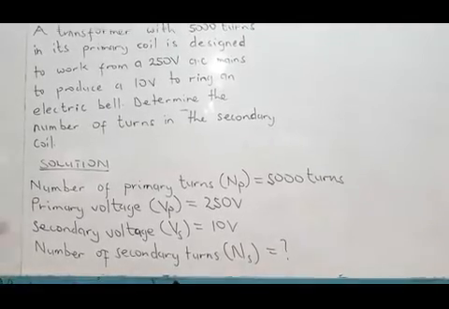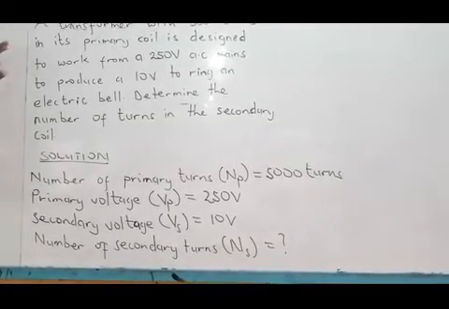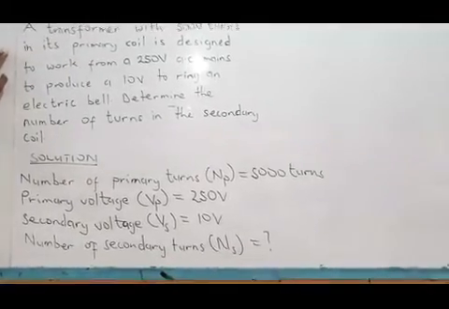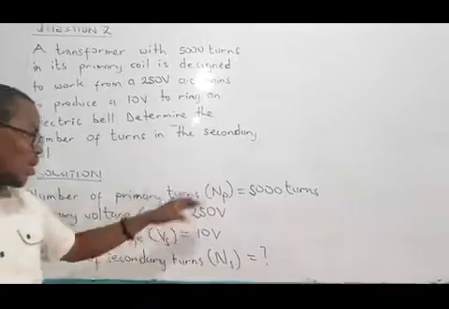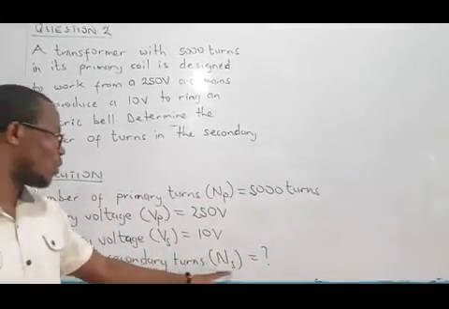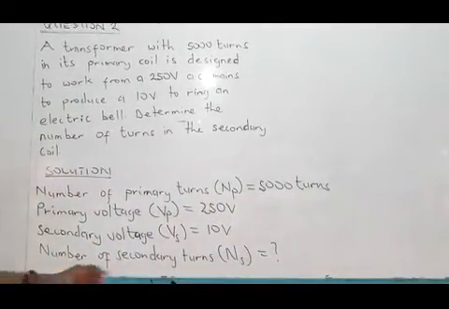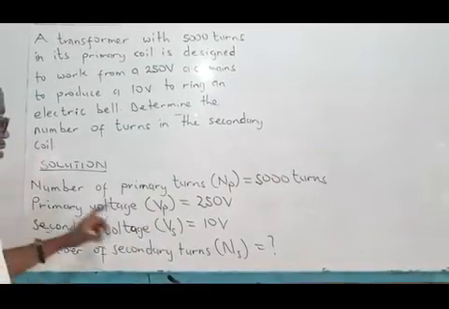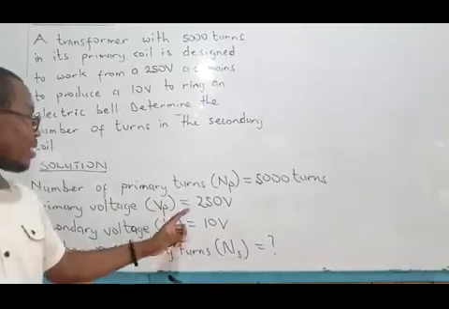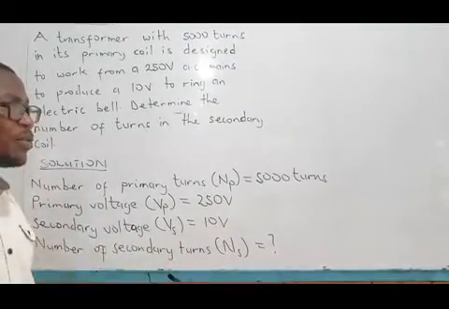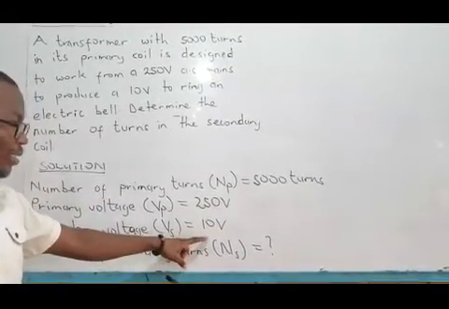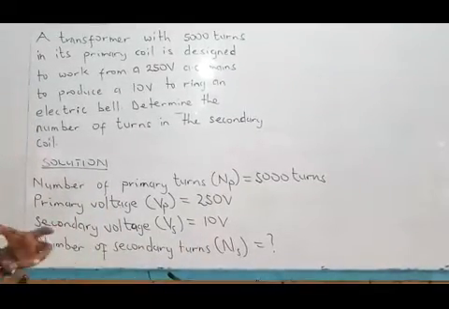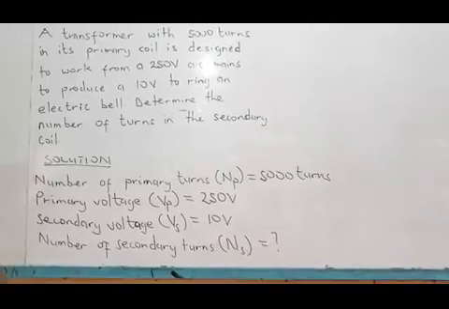From this information, you should also be able to determine the type of transformer that is used here. You can't use the number of turns to determine the transformer because we don't know the number of secondary turns. But if you look at the voltages, your primary voltage is greater than the secondary voltage. It means that the input voltage has been reduced by the transformer. The transformer that decreases the voltage of an AC is what we call a step down transformer.